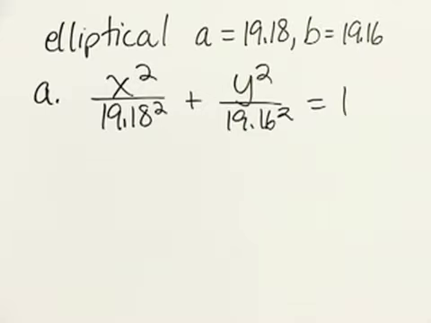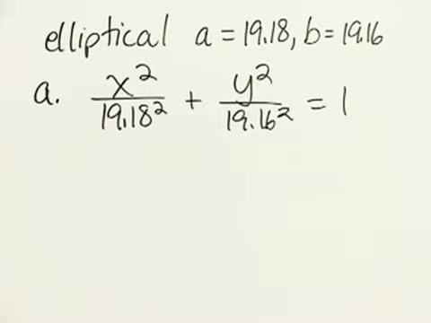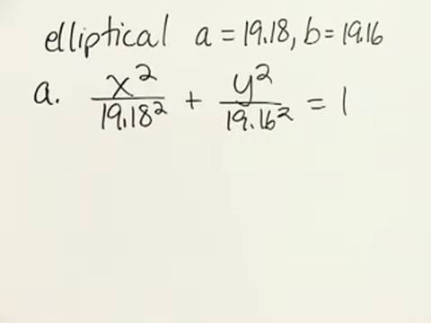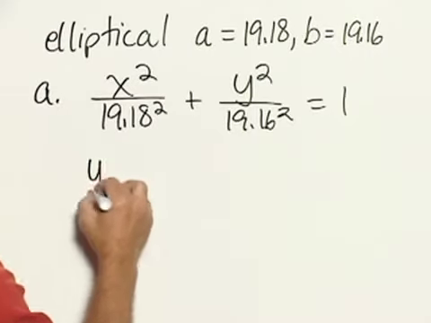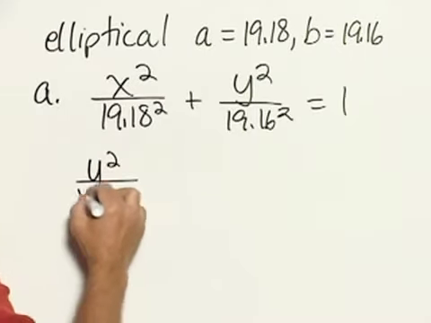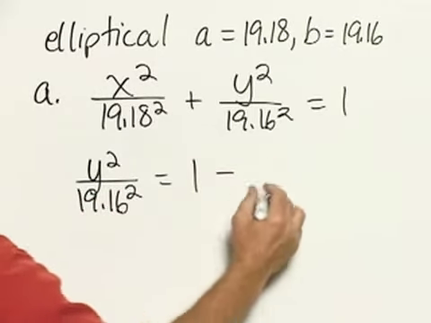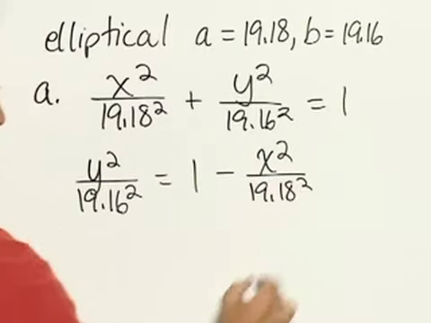In order to use the calculator to help us solve this, we need to solve for y. Then that means first let's subtract the x squared over 19.18 squared from each side. So y squared divided by 19.16 squared will equal 1 minus x squared over 19.18 squared.